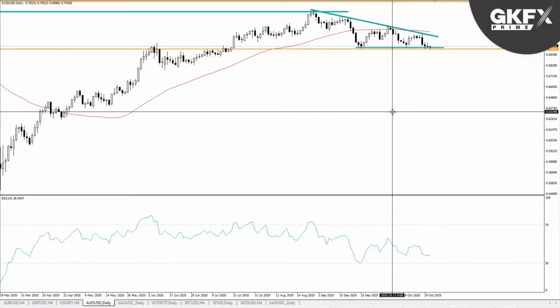So it looks like, depending on how things pan out, and again the big risk event this week is obviously the US election and how that pans out with the dollar. There are different theories, some of which we've discussed in our daily reports, about which way Biden and Trump would swing the dollar.